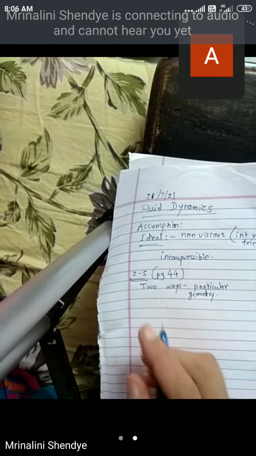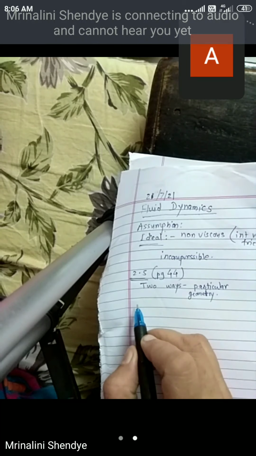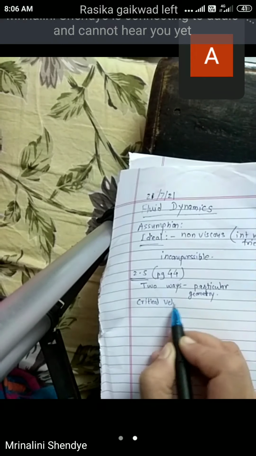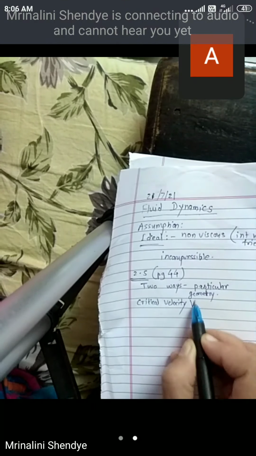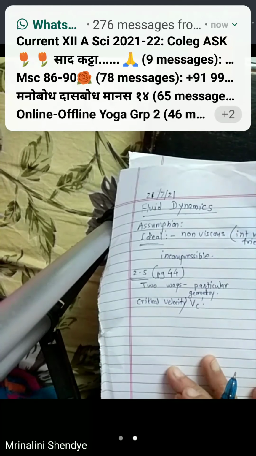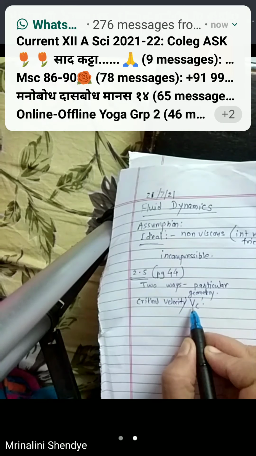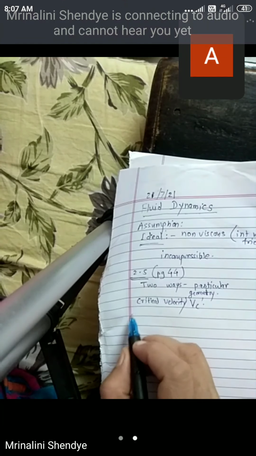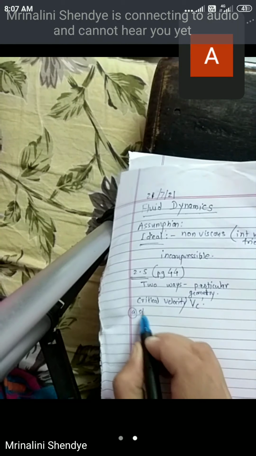The nature of flow of fluid is determined by a physical quantity which is called critical velocity, denoted by letter Vc. If the velocity of flow of liquid is less than Vc, the flow is said to be streamline.